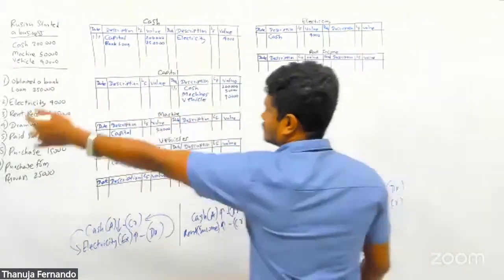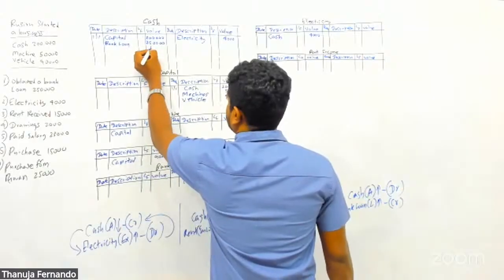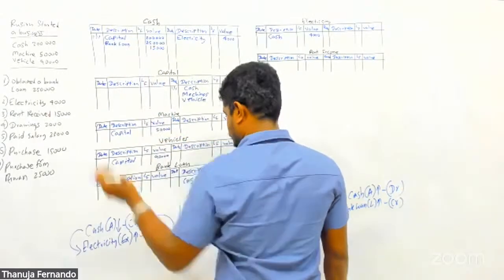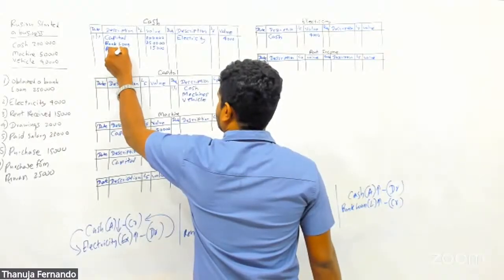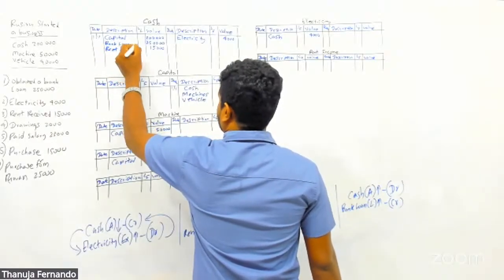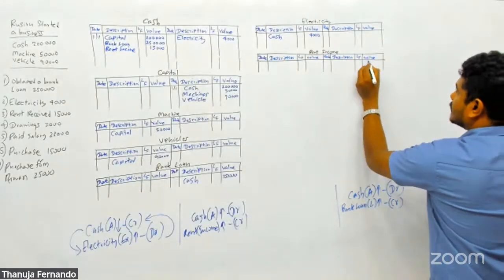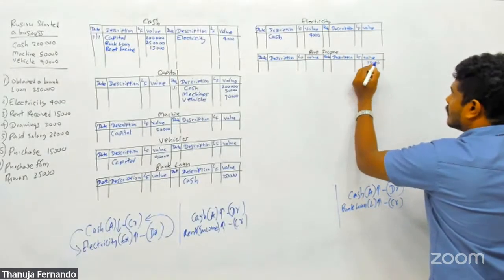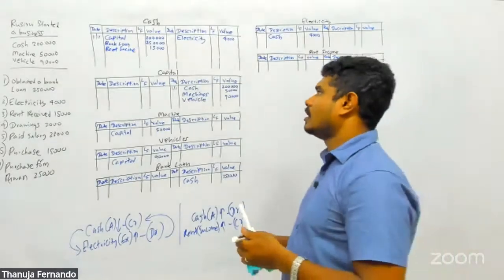It means left side, how much? 15,000 as rent income, rent income or rent received, no problem. Then rent income account, credit 15,000 as cash.